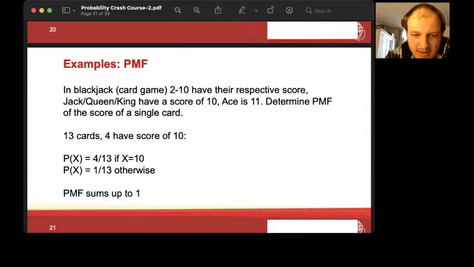So the probability mass function will be weighted for the value of x being equal to 10. Here x is the score of a single card, not the card itself. If you have the card itself, then it's uniform.